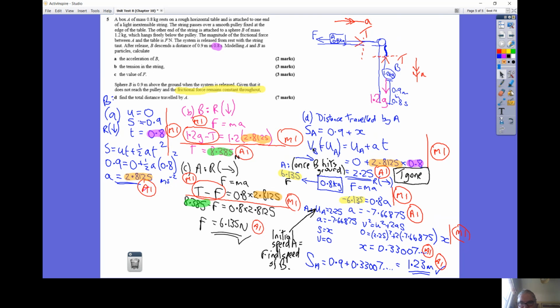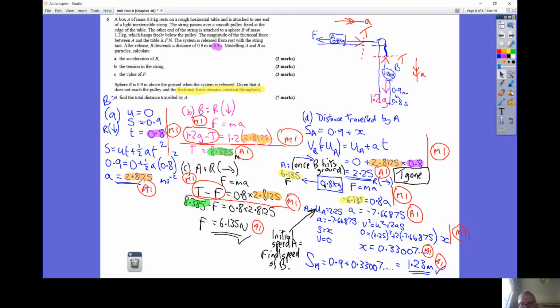So looking at it from the point of view of B, the final velocity of B, which will be the initial velocity of A, is going to be, using v = u + at, well, the initial speed of B was 0 to start with. It accelerated at 2.8125 from part A, and it took a time of 0.8 seconds to hit the ground. So the final speed of B is 2.25 meters per second. And you'll see further down here that when we start looking at it from the point of view of A, that's therefore the initial speed of A as it starts its independent journey.